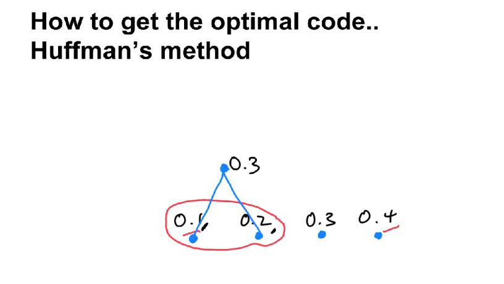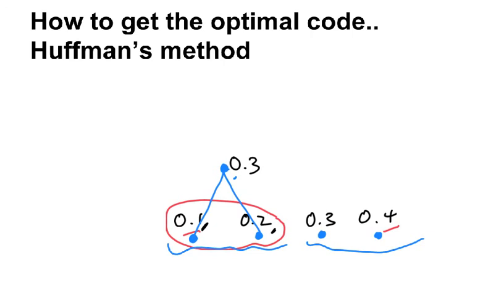Alright, we continue now in this manner. Just look at the roots of the trees. For this particular tree, we have the node with the probability 0.3, and we have these two other trees, each of which comprises just the root, right? Now, look at the two lowest probabilities, and find the nodes associated with them.